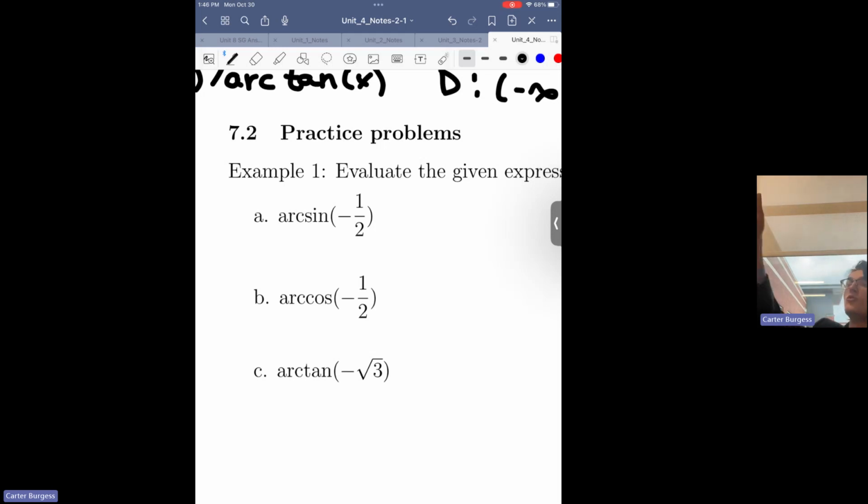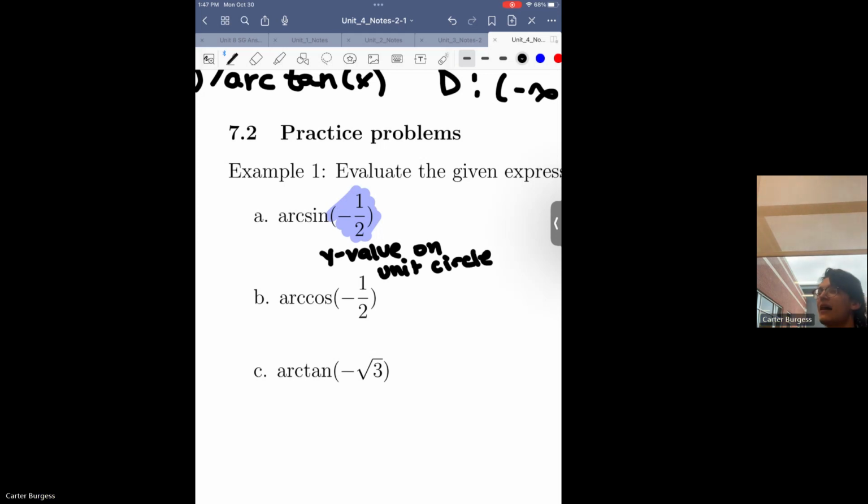But it's a y value where? On the unit circle. And what are we being asked to find? If I give you a y value on the unit circle, I'm asking you to find the associated theta, the radians that go alongside. Absolutely.